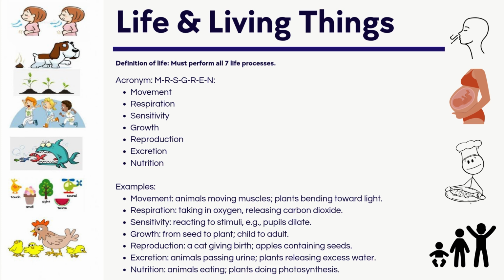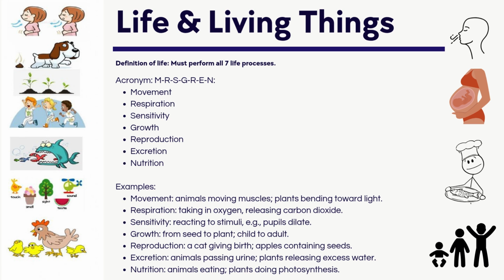I close my eyes, I think of that story, and then you know exactly what the seven life processes are. If anything in life doesn't have one of these seven, it is not living. Then you say, but ma'am, a plant is living and it doesn't move. It does move.